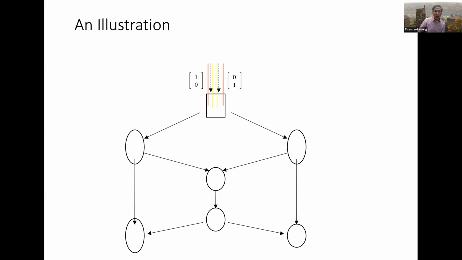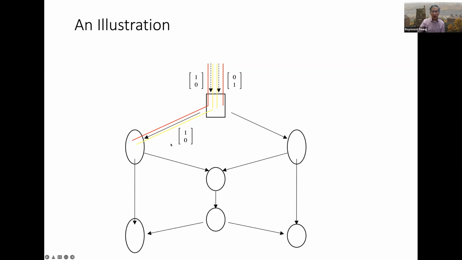So now we consider assigning the global encoding vector of this edge. If you consider this edge, you extend this red path to here, and you also extend the yellow path to here. So this edge and this edge form the red flow front, and this yellow edge and this yellow edge form the yellow flow front. So what we can do is to assign the vector 1, 0 to this edge.